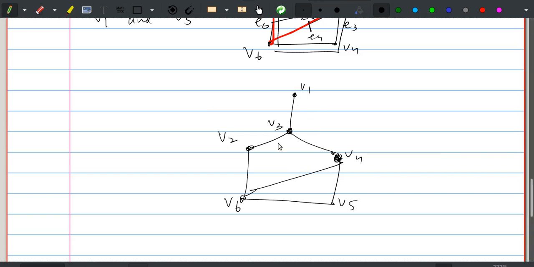Now what do we mean by a spanning tree? If this is the graph G, then we call a subgraph T of G the spanning tree of G if T is a tree and consists of all vertices of G. Let us look for a subgraph of G which is a tree such that the tree consists of all vertices of G. Let us look at this subgraph.